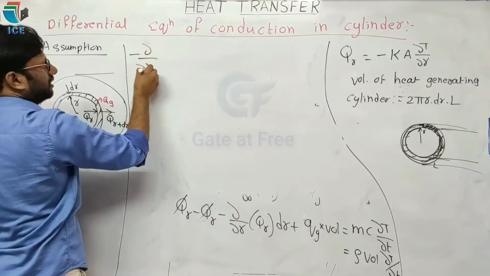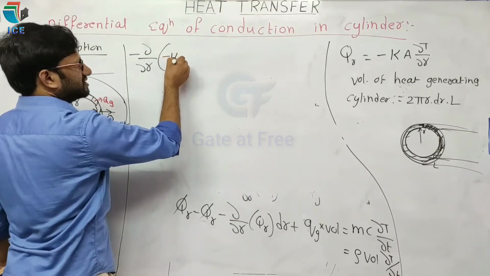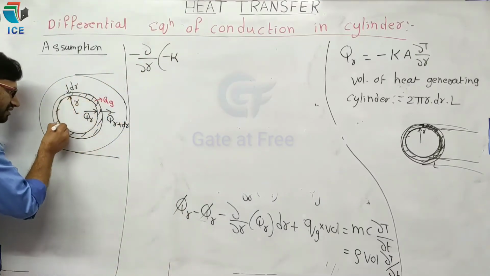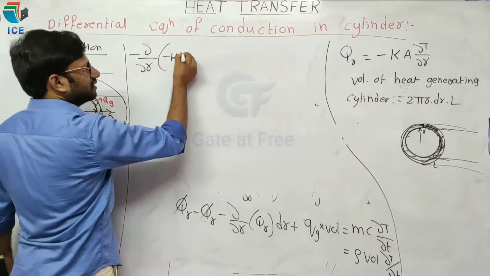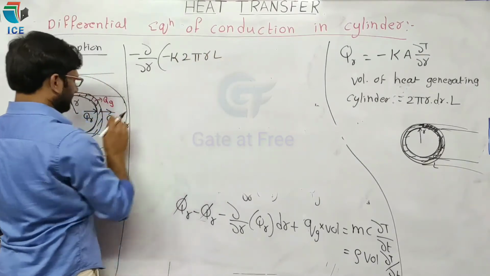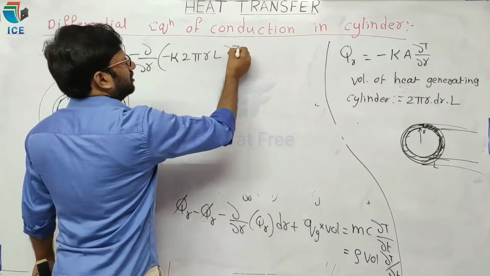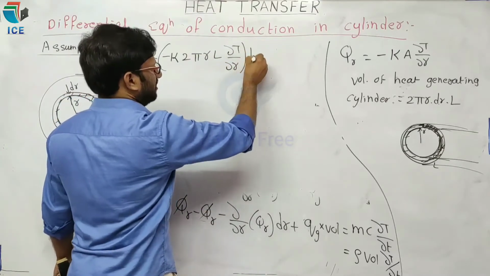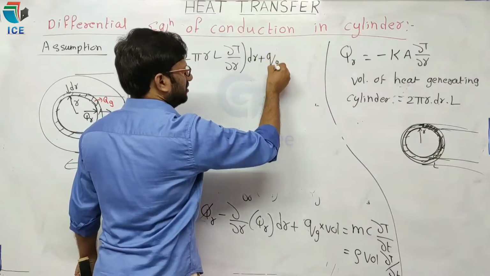Now substitute in this equation. Minus dou by dou r of Qr. According to Fourier law, Qr is minus K A. The conducting area at radius r is 2 pi r into the length of the cylinder, into dou T by dou r, dr, plus Qg into volume.